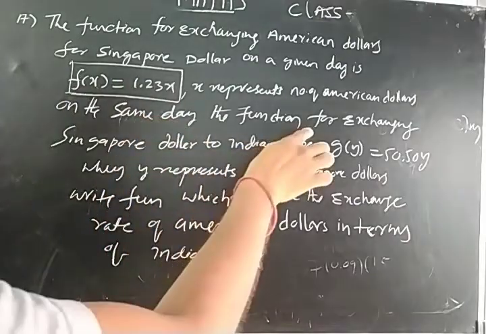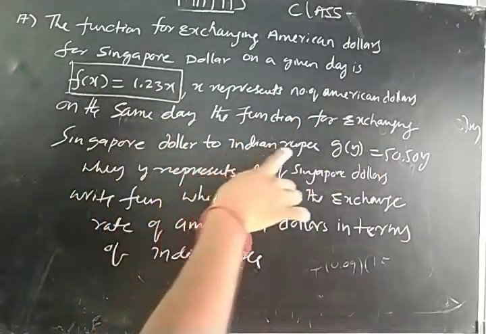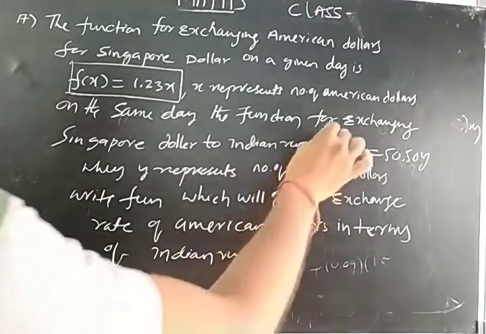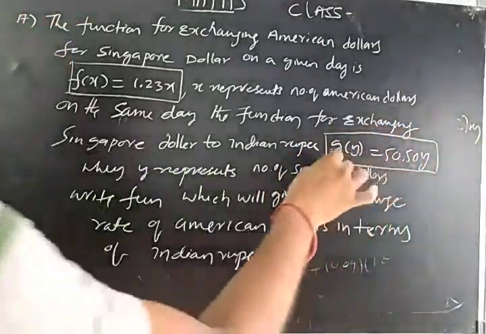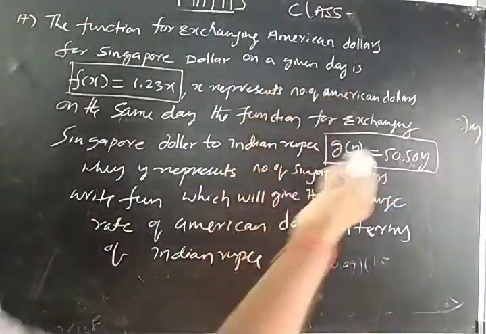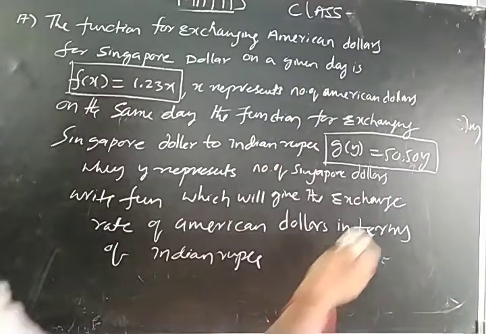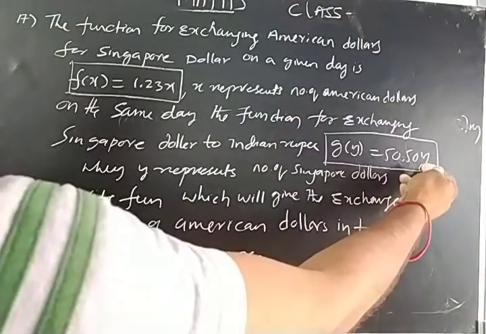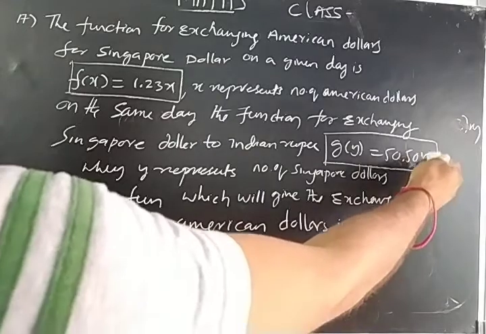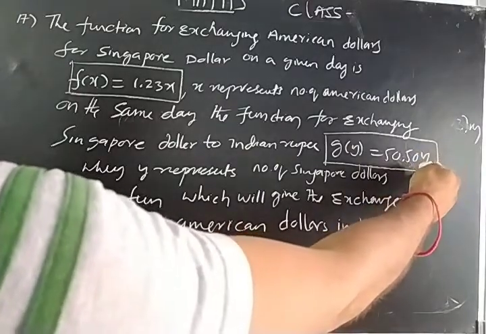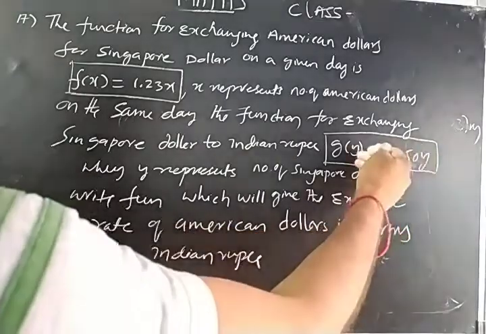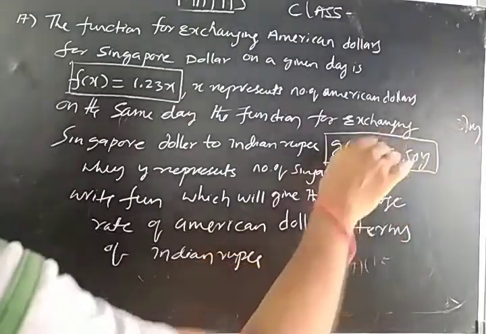On the same day, the function for exchanging Singapore dollar to Indian rupee is useful to convert Singapore dollars to Indian rupee. Here y represents number of Singapore dollars. If you substitute here, it will convert the Singapore dollars to Indian rupee.